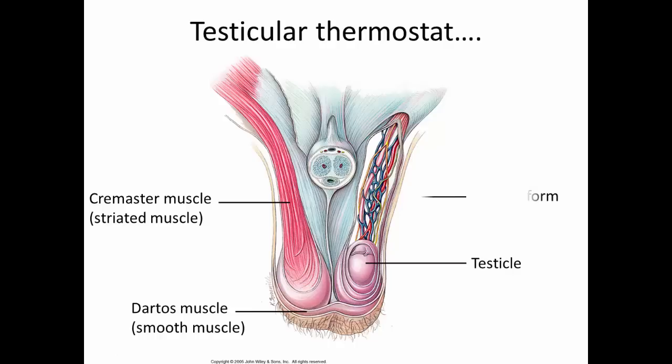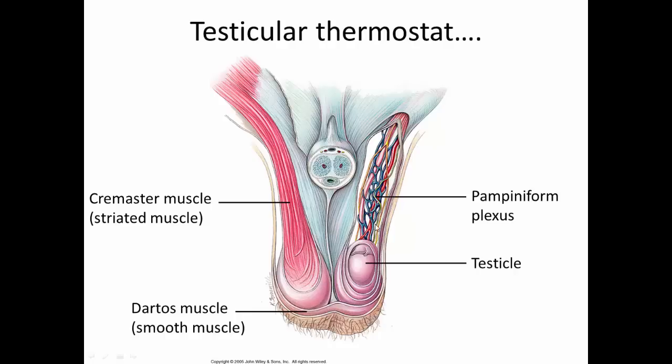But there's another mechanism, and here it is. This is the pampiniform plexus. You will notice that the artery coming down, the gonadal artery, is surrounded by a venous plexus. So it's surrounded by a bunch of veins. Well, why is that the case? It's fascinating. This is warm arterial blood coming down. Now, this venous blood has been in the testicle and is now returning into the body. Once it was out in the scrotum wandering around, it was cooling down.